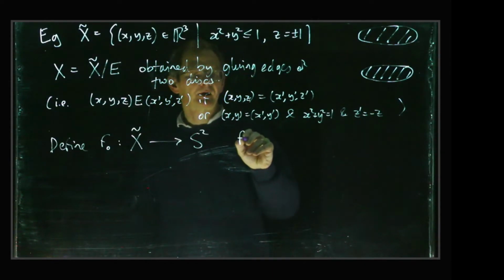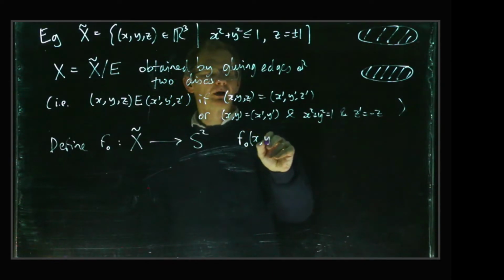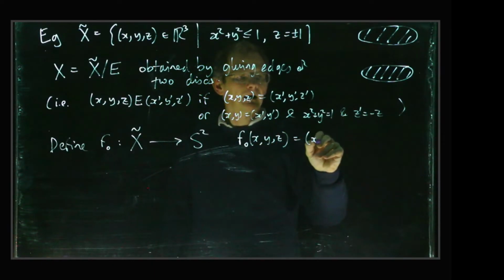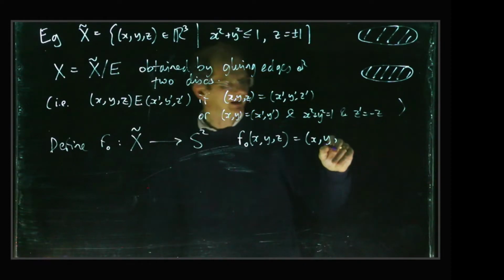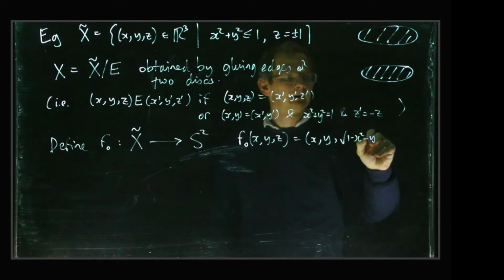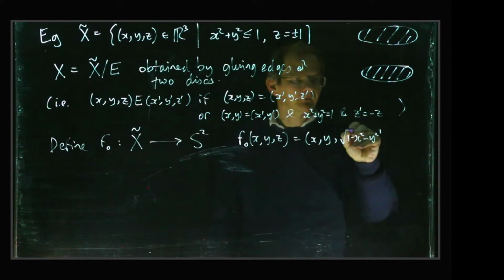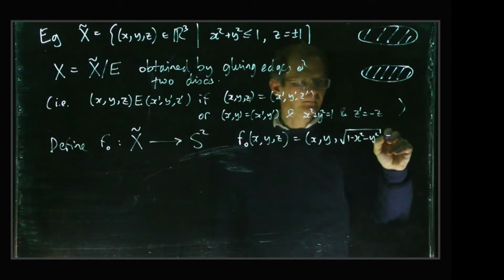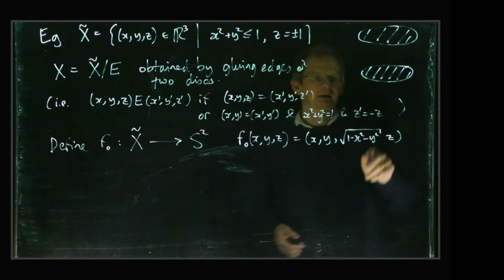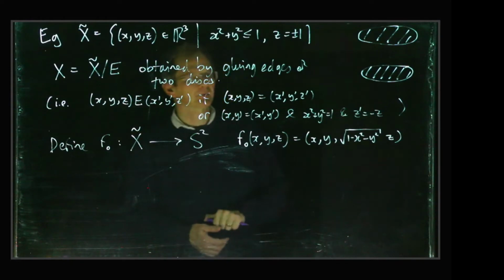So F naught of (x, y, z) is going to be (x, y), and then we put in root of 1 minus x squared minus y squared, to ensure that we're on the sphere, and then we multiply by z, which is plus or minus 1, so that won't change the square of this. That's going to put us on the sphere.